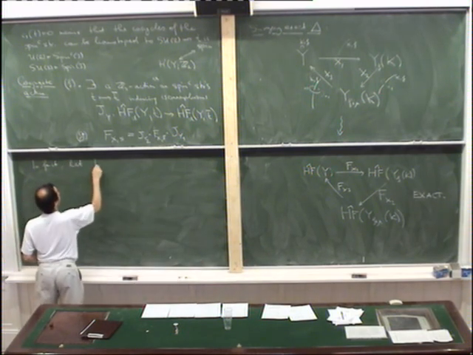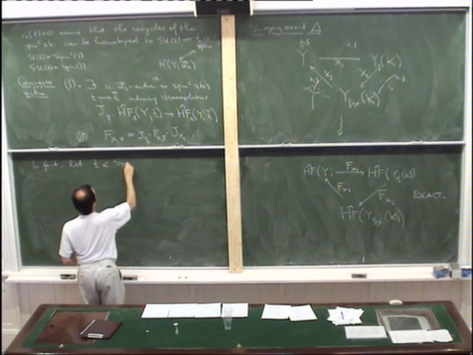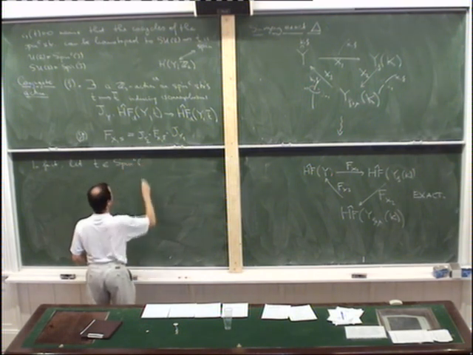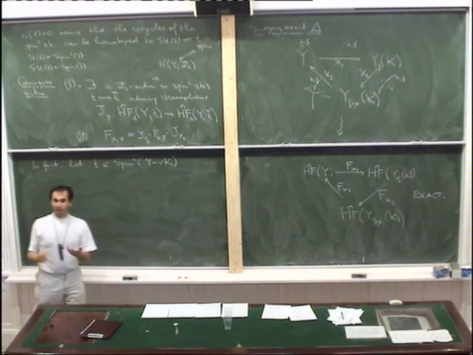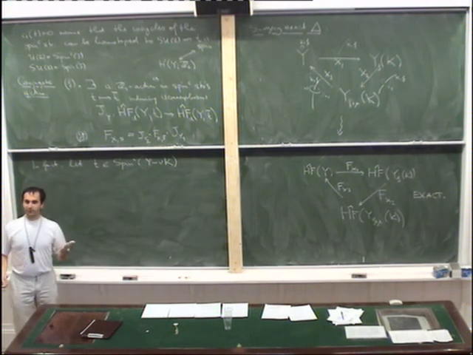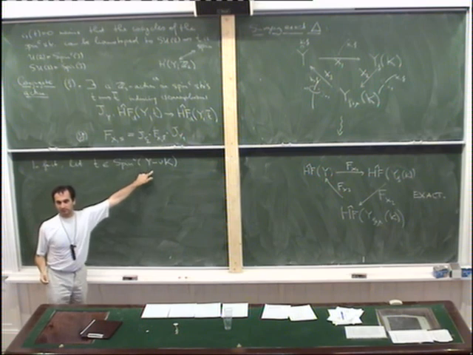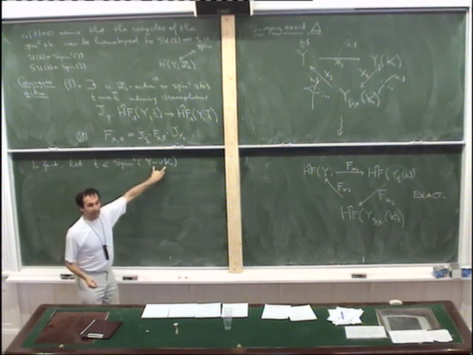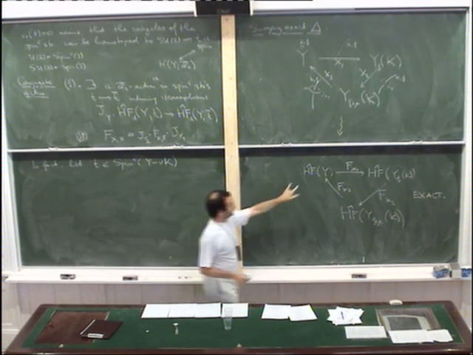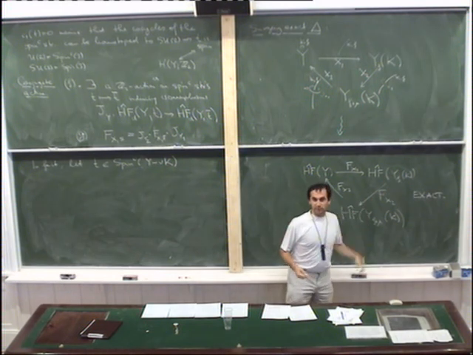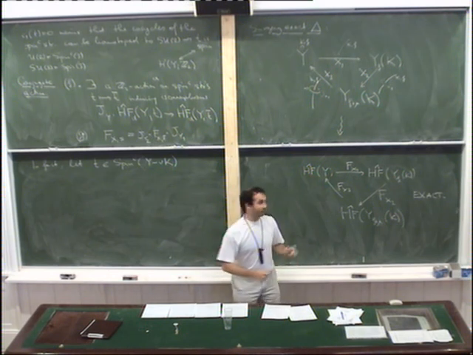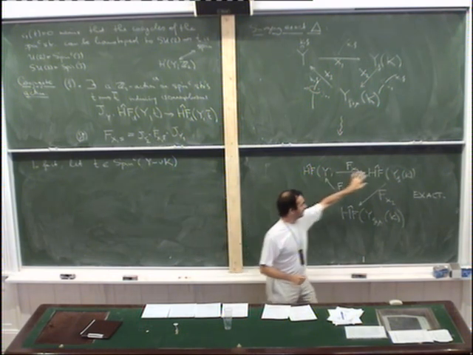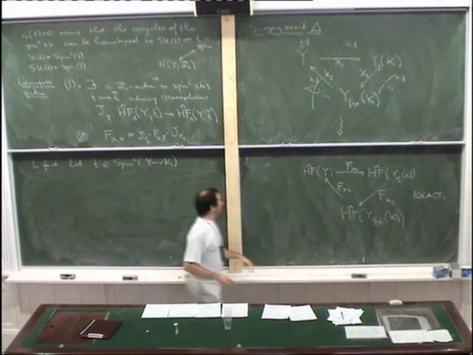Let T be a spin C structure of Y minus a neighborhood of K. So this is now a three-manifold with boundary, and let's fix the spin C structure on this side. This three-manifold is a subspace of each and every one, right? Because what we do, we just take out the neighborhood of K and we glue back in 2 different ways, or in 3 different ways to get Y back, and this and then this.